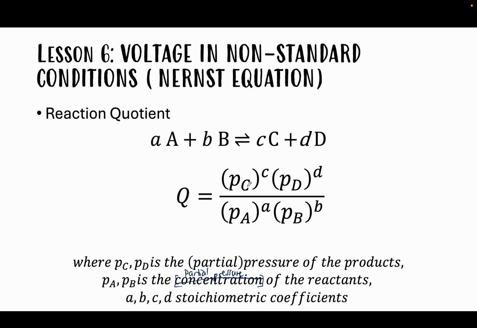Okay, so same: partial pressure of product C raised to the coefficient times partial pressure of product D raised to coefficient, all over the product of the partial pressures raised to the respective coefficients of A and B. Alright? So, these coefficients simply tell you that you really need to balance the equation first.